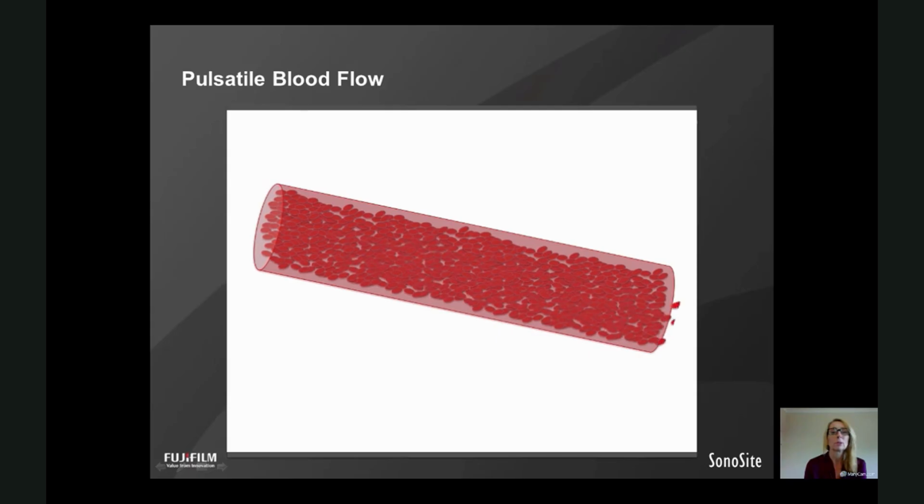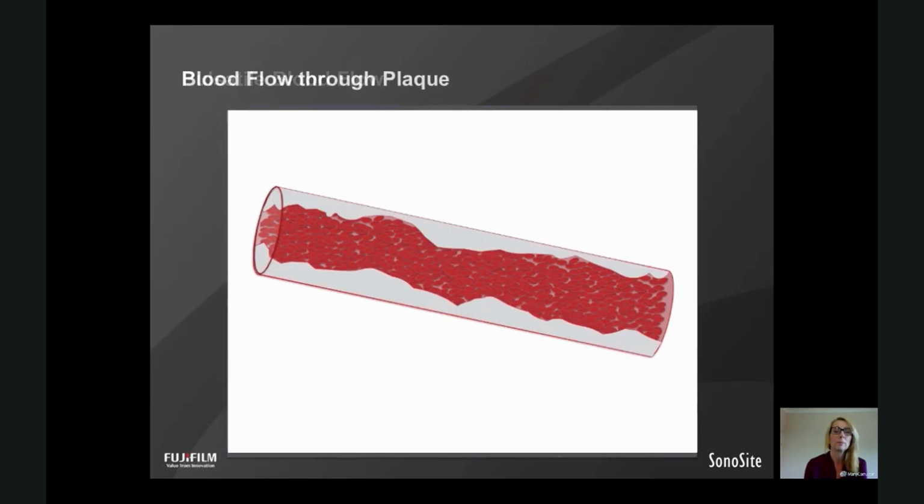And you'll get a little bit of turbulence along the edges, particularly if the flow is very fast, but you tend to see that the flow is fairly laminar and there's not a lot of swirling because the blood's not hitting resistance and swirling around. So this is sort of an image of what I would call laminar flow or fairly straight line flow.